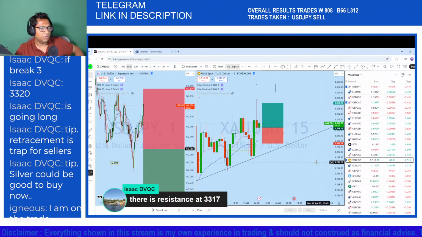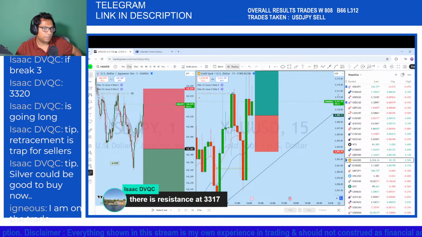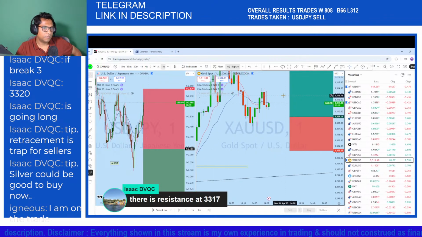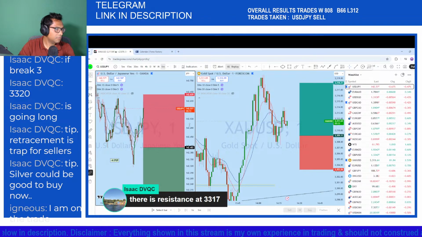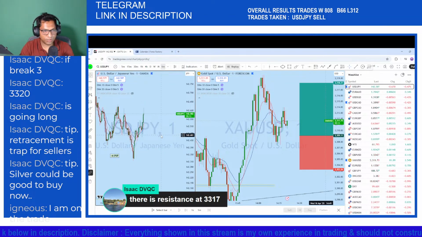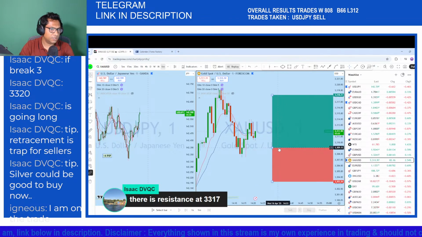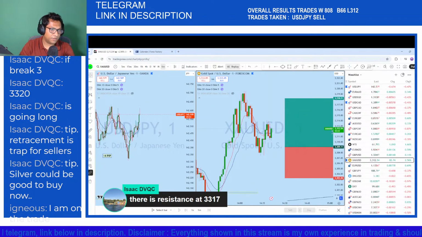So now, we are out with the dollar yen trade. I'm not looking at that. Here is XAUUSD, still showing possible movement back to the upside.